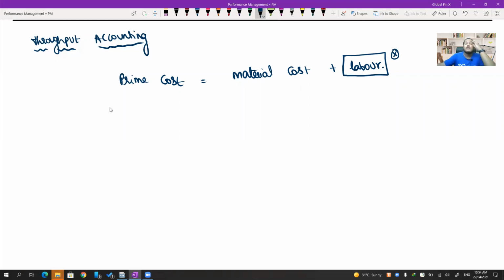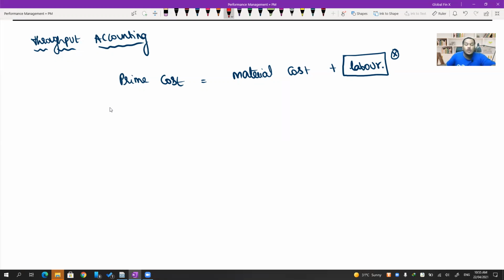That means it does not vary based on the number of units of production. Even in the case of labor, there might be slight differences. So that is where throughput accounting comes into the picture. There is a certain branch of costing experts who say don't even consider labor. Consider labor also as a factory cost, not as a product cost.